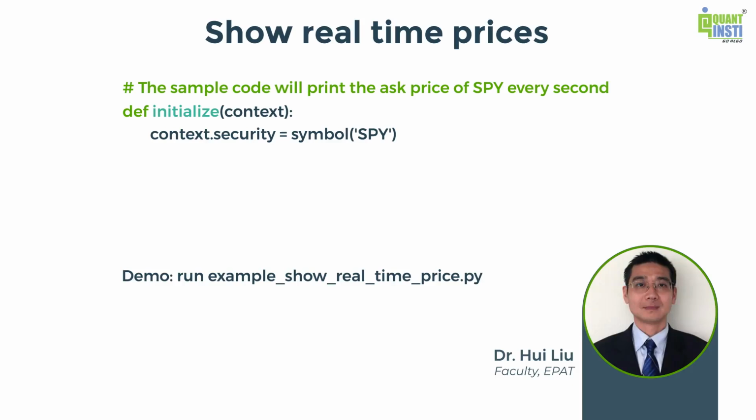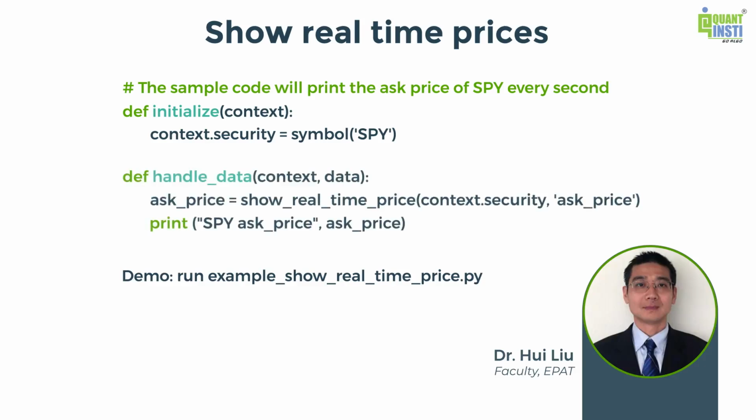In this way, context dot security becomes a global variable in IbridgePy, so that you can use it in other functions, for example handle data. And I use an IbridgePy function called symbol to define the contract. I put SPY, which means I want to trade SPY ETF and trade at IB.